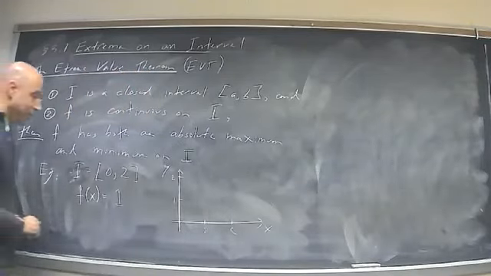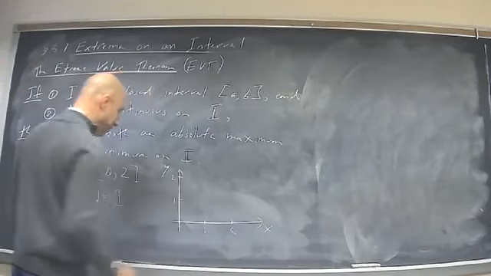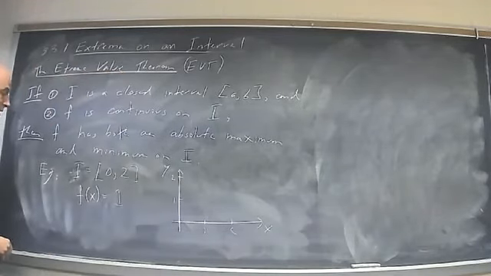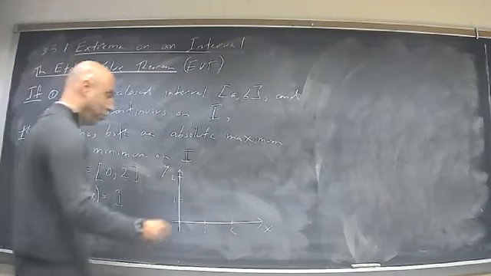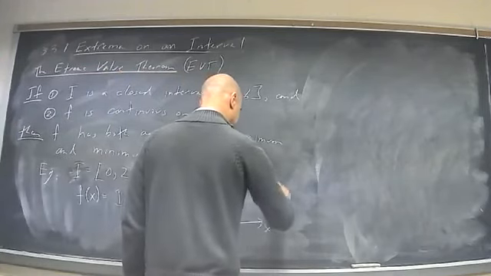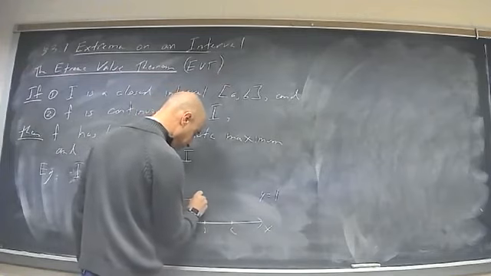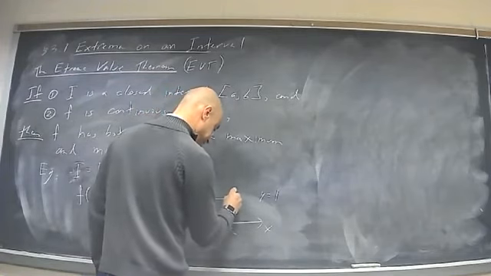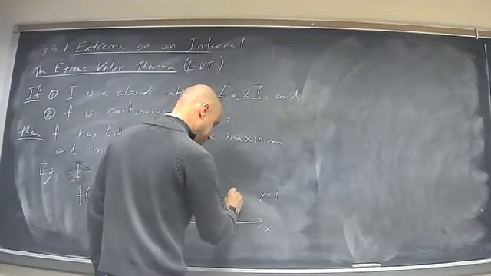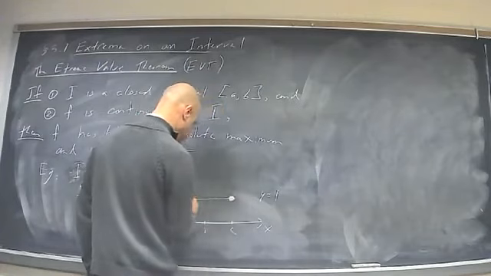So I'm only concerned about what's going on between x equals 0 and x equals 2. And y equals 1 is just the horizontal line at height 1. I only want the part between 0 and 2, including my 0 and including my 2. So put little closed circles at the ends.